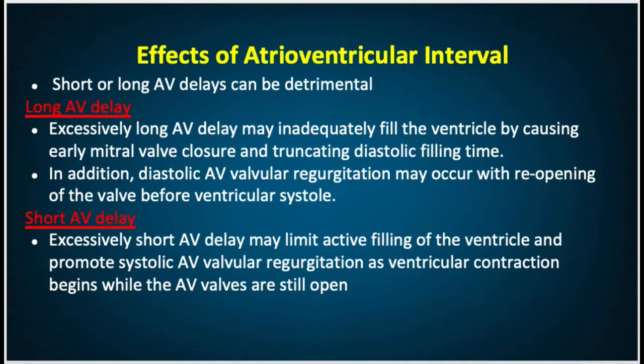It appears that at rest 125 to 200 milliseconds is generally the optimal range if the right atrium and right ventricle are paced. On the other hand, more precise optimization may be possible, although it may vary from patient to patient and from time to time in specific patients.